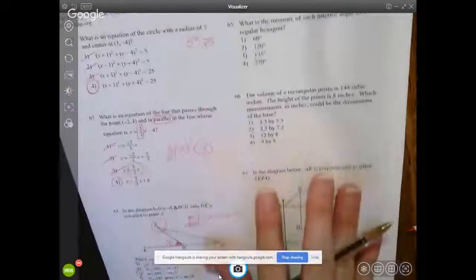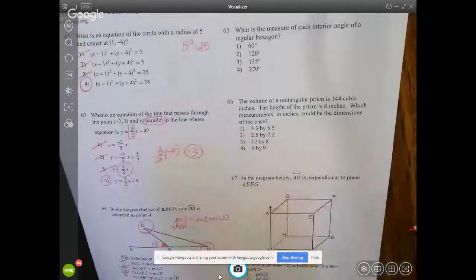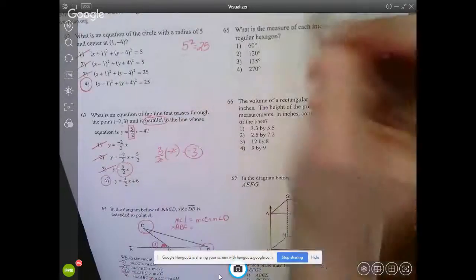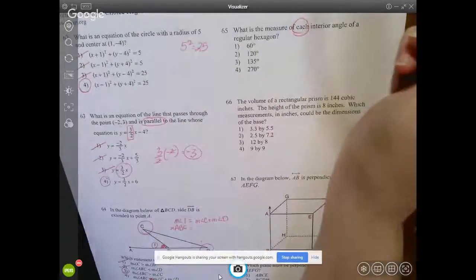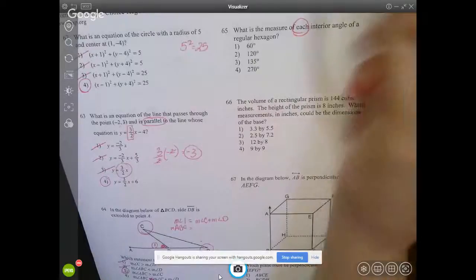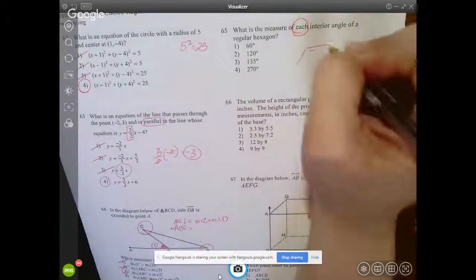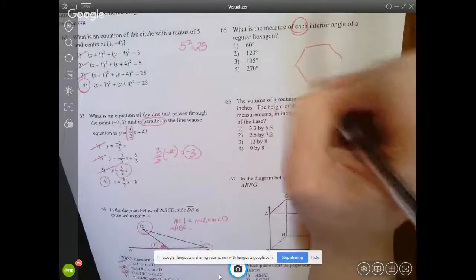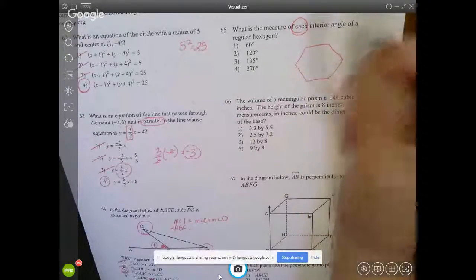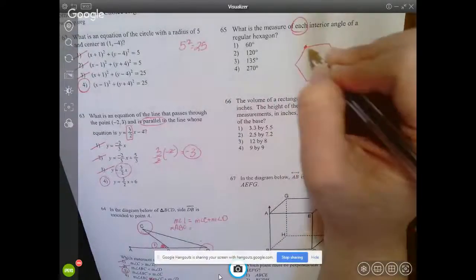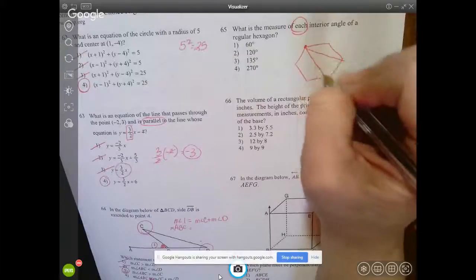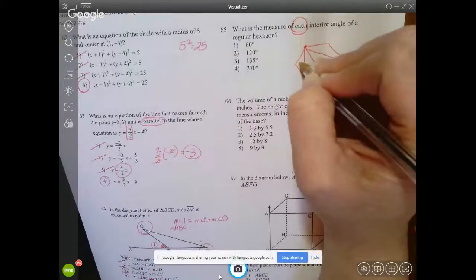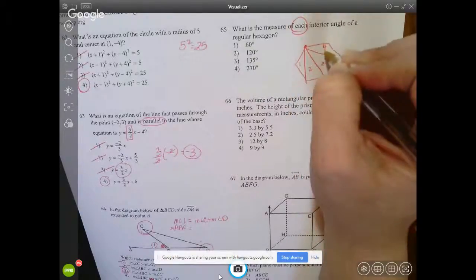Going on to 65, it says, what is the measure of each interior angle of a regular hexagon? We know hexagons are 6-sided figures. I told you, I don't expect you to see this in Georgia, but just in case, what we do is we count how many triangles there are inside. There's 1, 2, 3, 4 triangles inside.